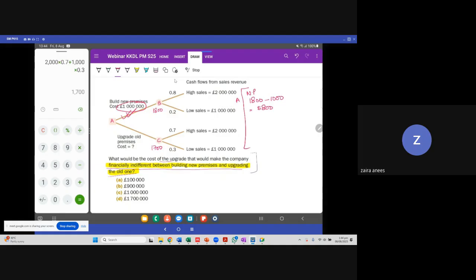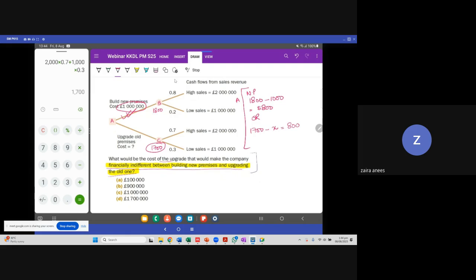Now financially you will be indifferent if you have 800 in both cases. What is the second option? Second option is we will have the benefit of 1700, right? How much should be the upgradation cost so that we will have the benefit of 800?